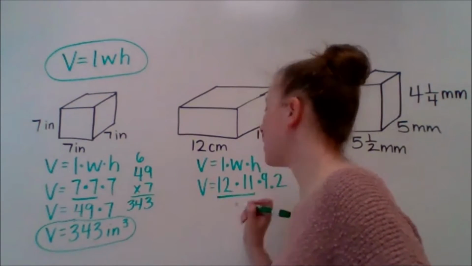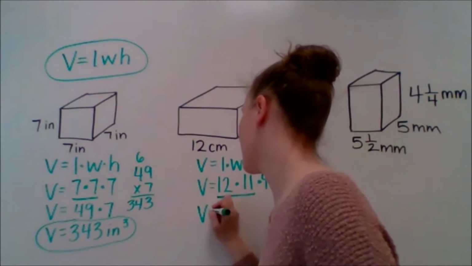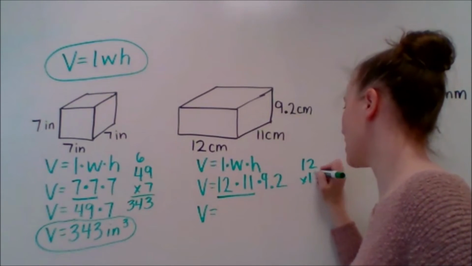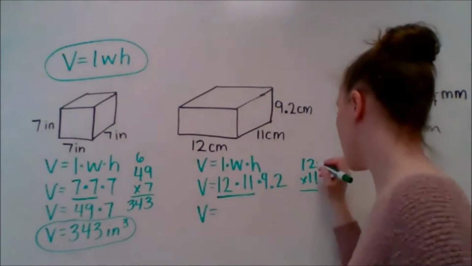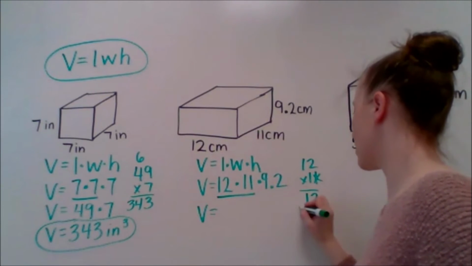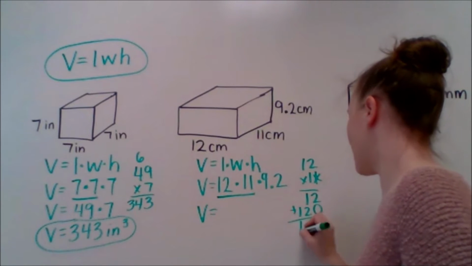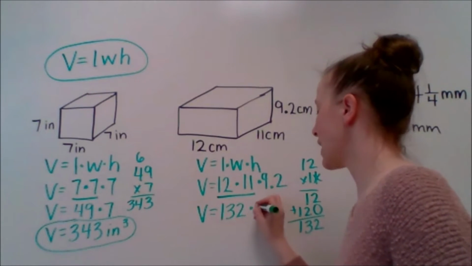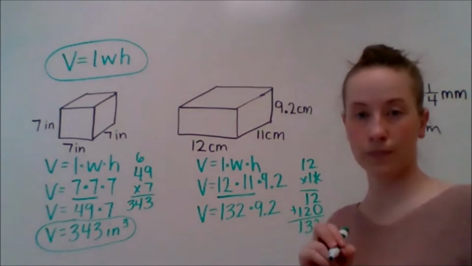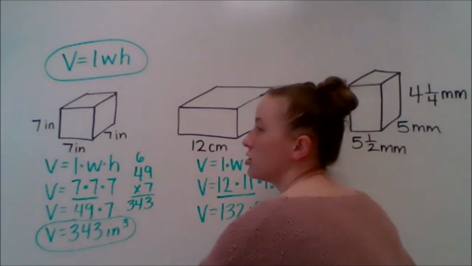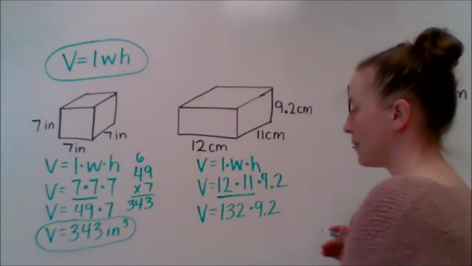So I'm going to do 12 times 11 first. If you don't know 12 times 11, there is no shame in writing it off to the side and solving it. If I'm someone who needs to see it, I put a placeholder 0, I add these up, and I get 132. So I have 132 times 9.2. Once again, I can't do this in my head, so I'm going to find a spot off to the side and solve this.